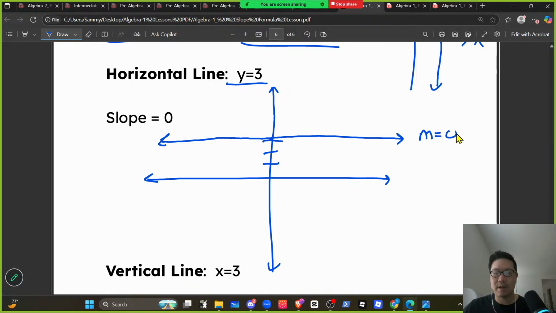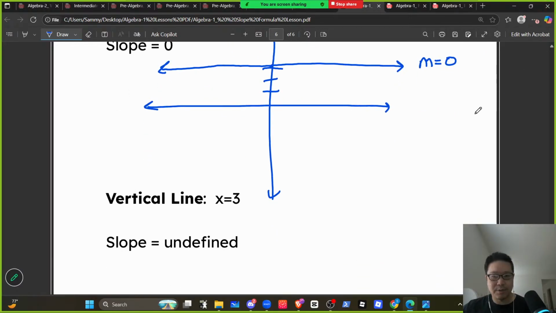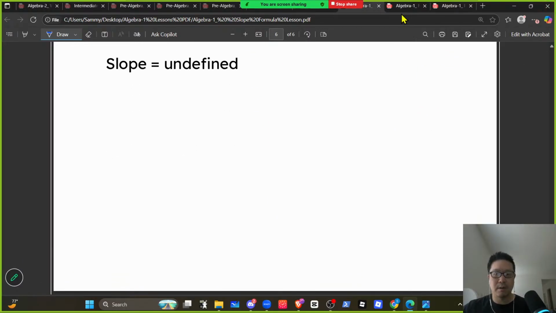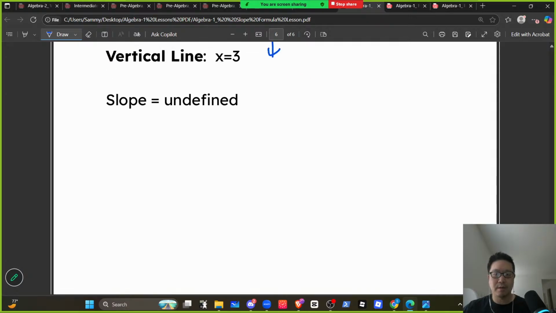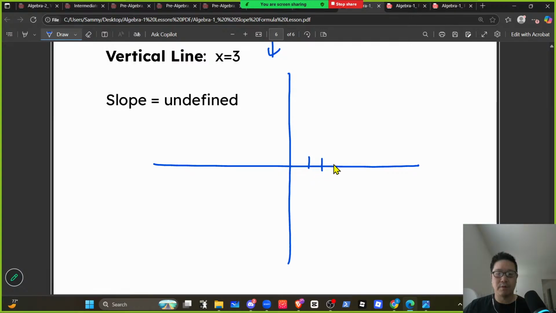This is an important distinction versus a vertical line. So here's a vertical line, x equals 3. You would go to where x equals 3, and you would draw a vertical line. A vertical line has an undefined slope.